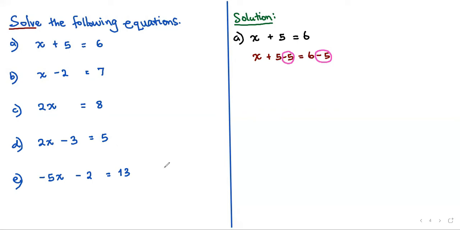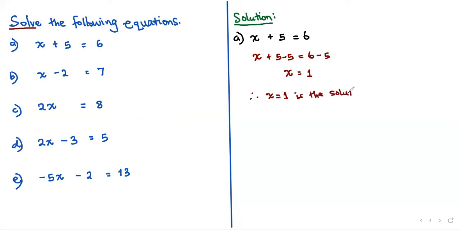I think you can see that it's a very, very important point of this lesson. Now, 5 minus 5 will give us 0. So on the left-hand side, we remain with x. And now, 6 minus 5 will give us 1.